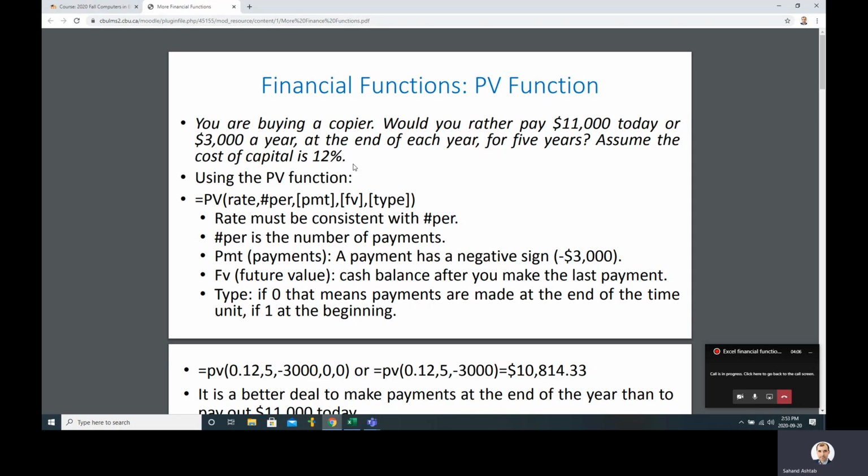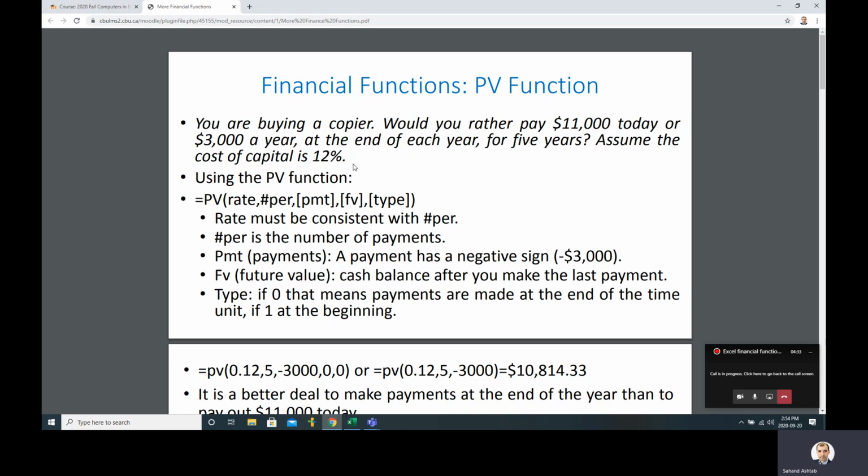That's not the same as 3, 4, 5, and so forth years from now. So the question here is that you have two options. One is that you can pay $11,000 today, or you can find the present value of making five $3,000 purchases or payments at 12%.